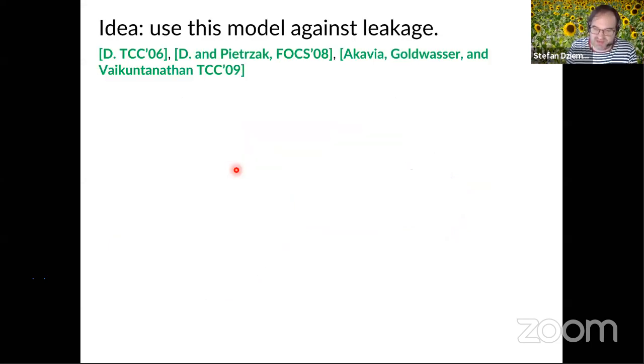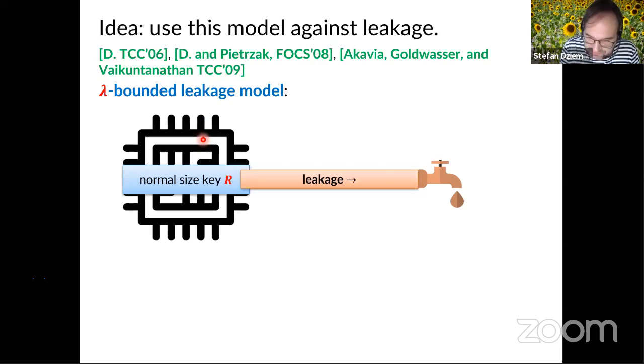And then there came another idea, and this is why I'm talking about this today, which is, okay, why don't we use it to model leakage? And that's called the lambda-bounded leakage model. Now we don't have a huge key any more. We have a normal key, or maybe slightly larger than normal.